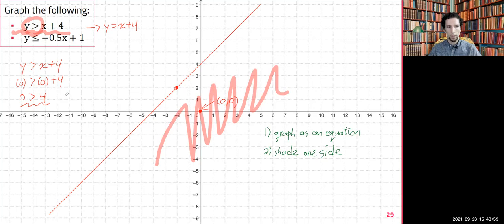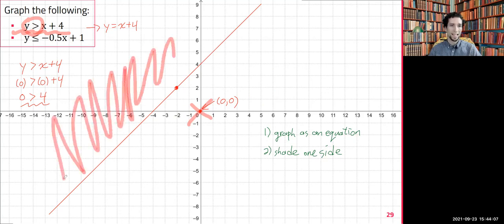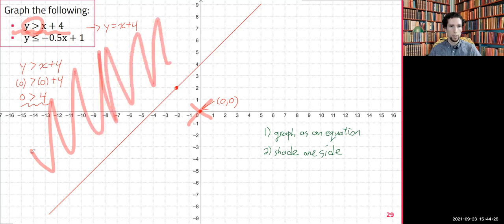If this is a false statement, then this means that this point is not included and we should be shading everything on the other side, just not the side with that point that we tested. Well, 0 is greater than 4. No, it's not. So the point 0, 0 is not in our inequality, and all of this is.